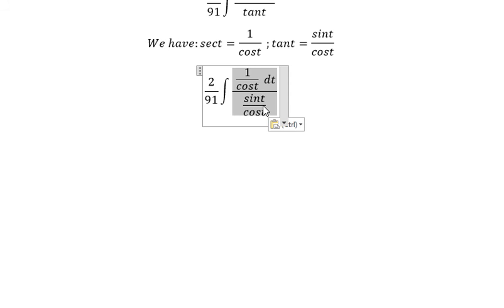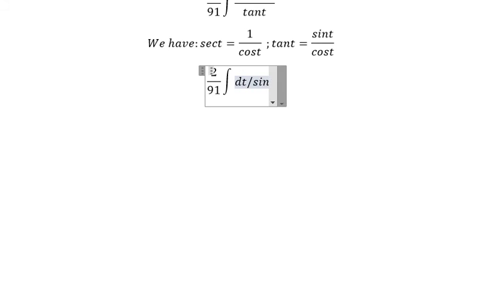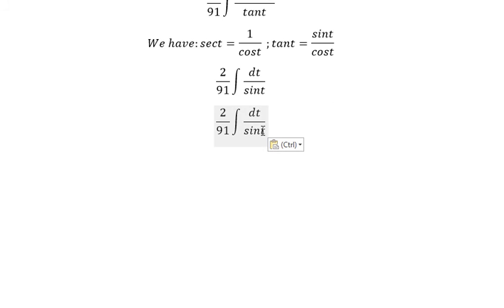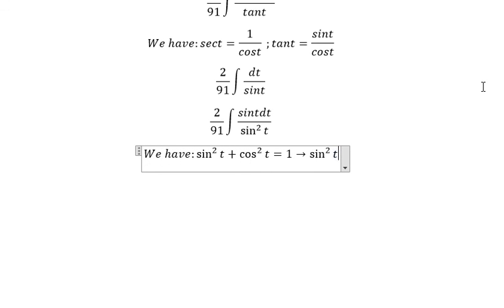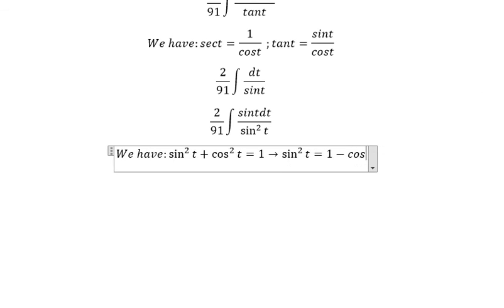Now we get dt over sin t. About this one, we multiply by sin t. Next, we have the formula sin t squared plus cosine t squared equals 1. So we have sine t squared equal to 1 minus cosine t squared.